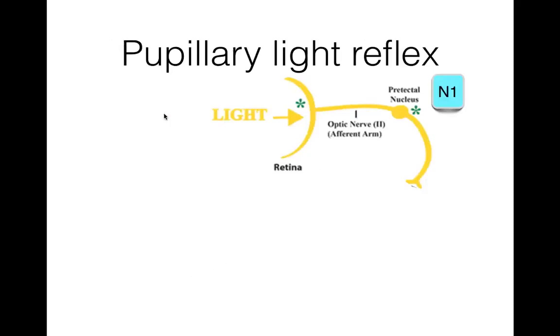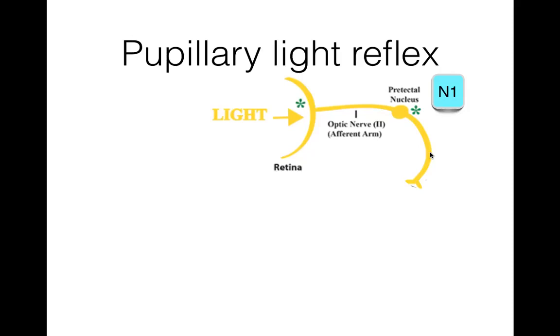So whenever you shine light into the eye, photoreceptors in the retina convert that energy into a nervous impulse that is, of course, transmitted by the optic nerve, cranial nerve number 2, where the cell body forms what we call the pretectal nucleus. So this would be the N1 for the reflex.